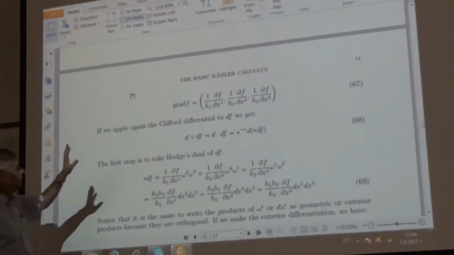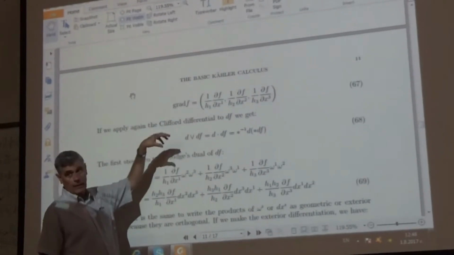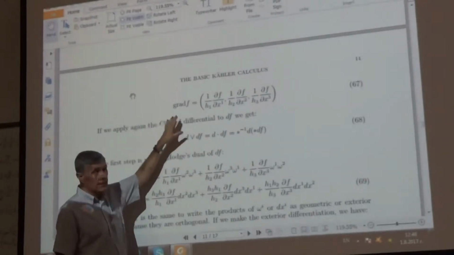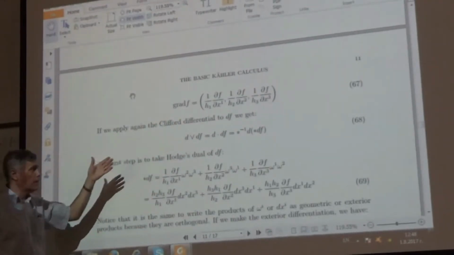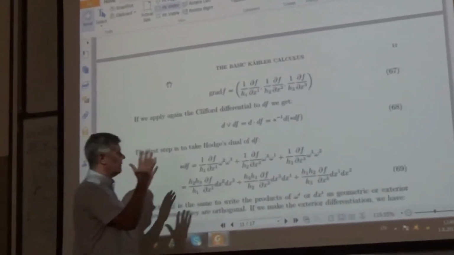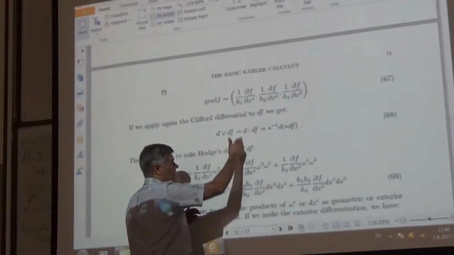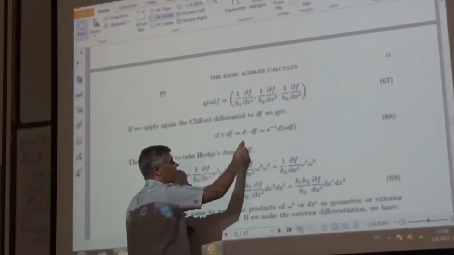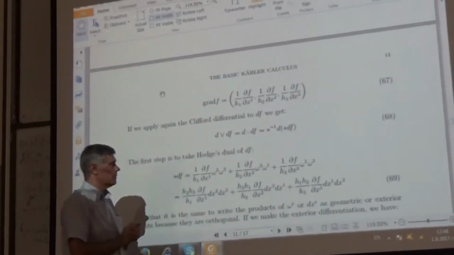If we take the Clifford differential of the gradient, we get the Laplacian. The external differential of the external differential is 0, and only the scalar differentiation remains.